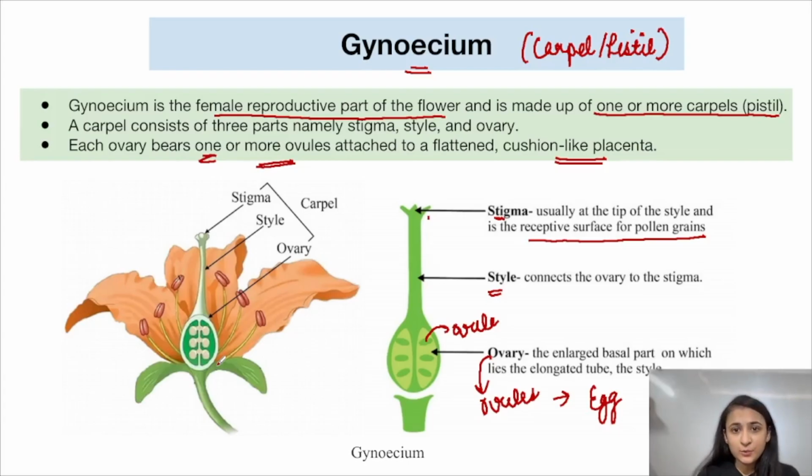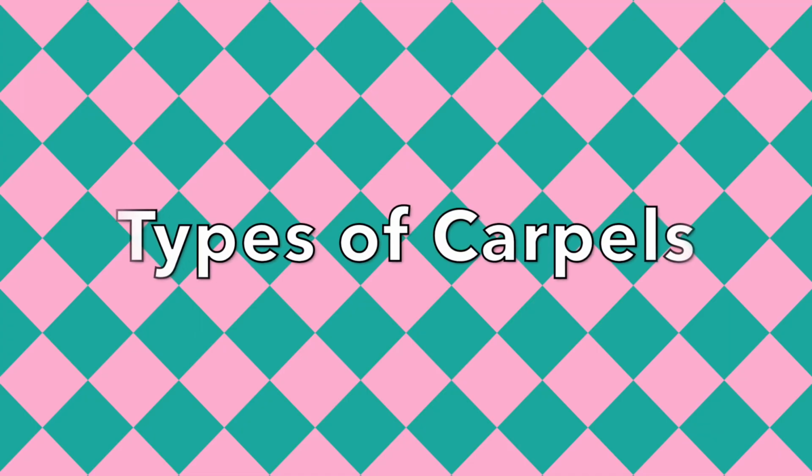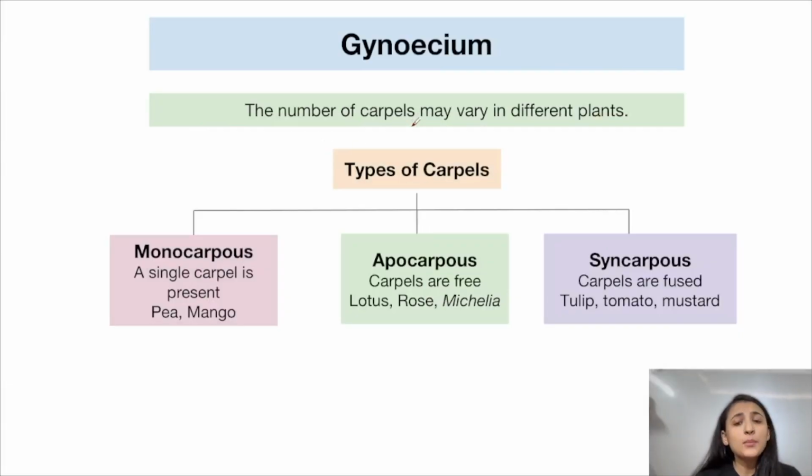Now let's move forward. The number of carpels can vary in different plants. It is not that all the flowers would have a single carpel or 2 carpels or 3 carpels. It depends from plant to plant, family to family that we are studying.